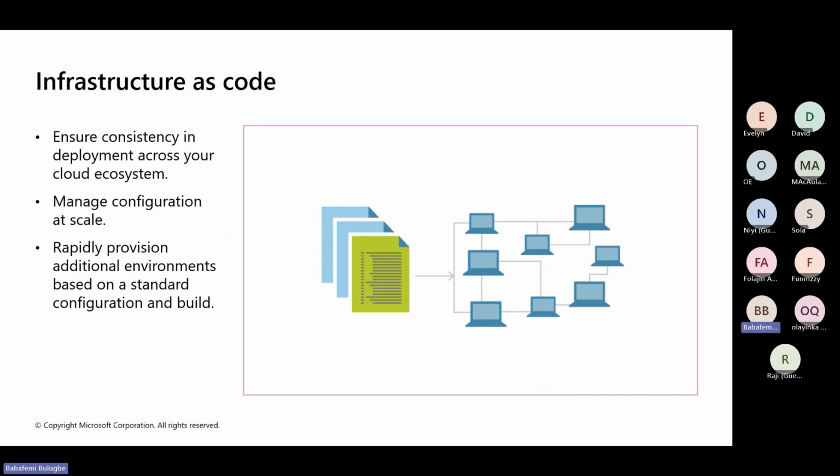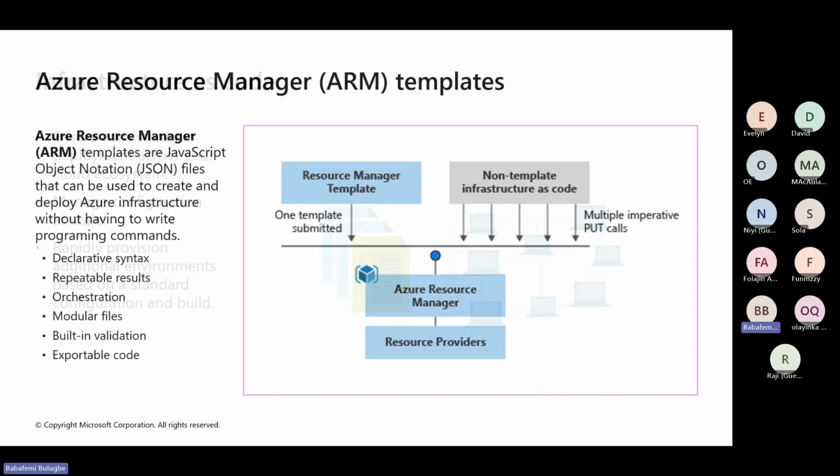So you can do all those things just like writing some lines of code. So that's what we call infrastructure as code, when you try to create your resources using some lines of code.